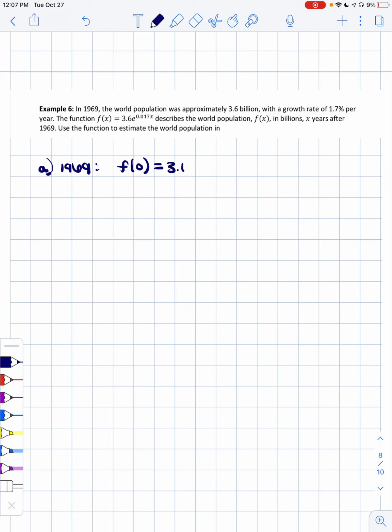So we would have 3.6 times e to the power of 0.017 times 0. And if we plug that into our calculator, we would get 3.6. And remember, this is measured in billions. So 3.6 billion people in the year 1969.